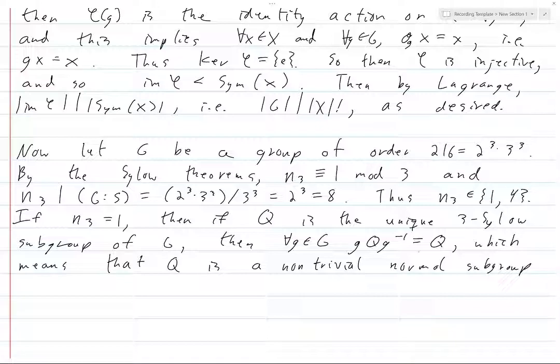So yeah, Q is a non-trivial normal subgroup of G. And so G is not simple, because to be simple means that you have no non-trivial normal subgroups. And here we have a non-trivial normal subgroup.